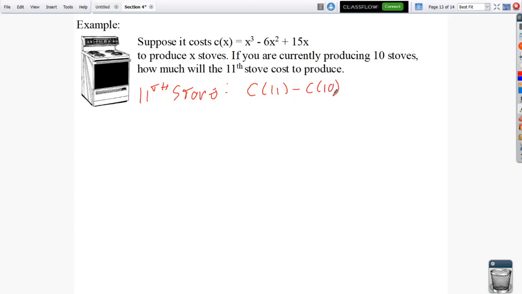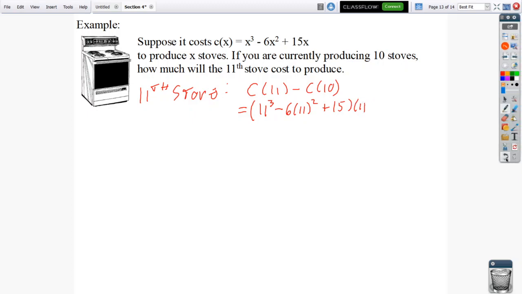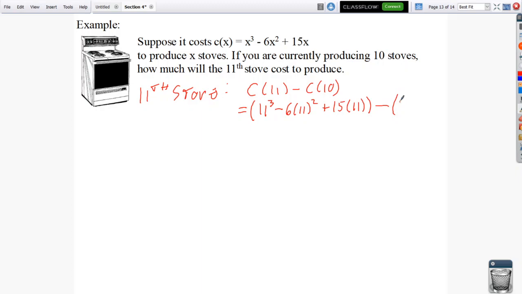So just to drive home the ease with which we can use the marginal cost function, I'm just going to try to do this by hand. This would have to be 11 cubed minus 6 times 11 squared plus 15 times 11, minus 10 cubed minus 6 times 10 squared plus 15 times 10.